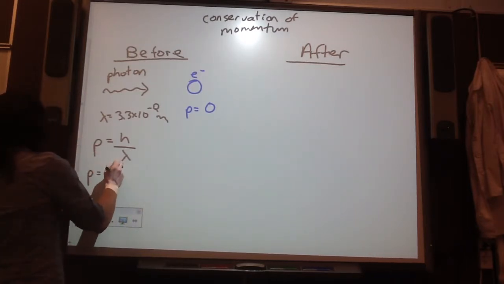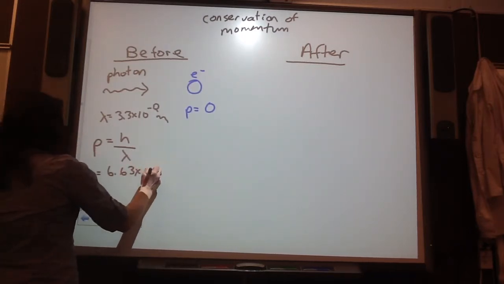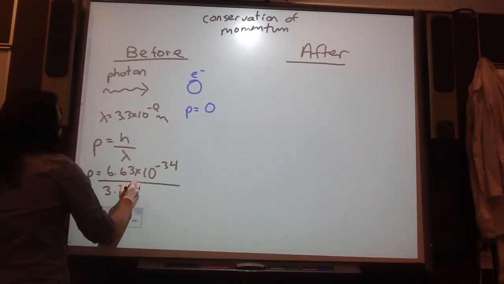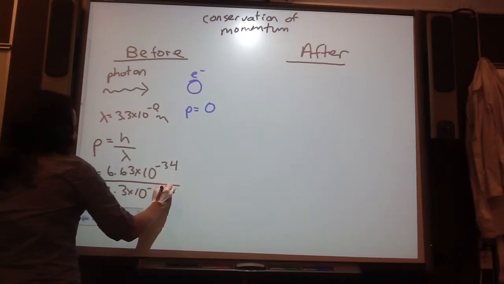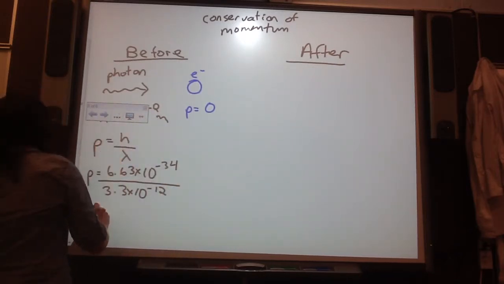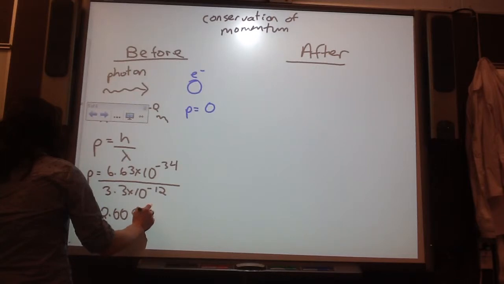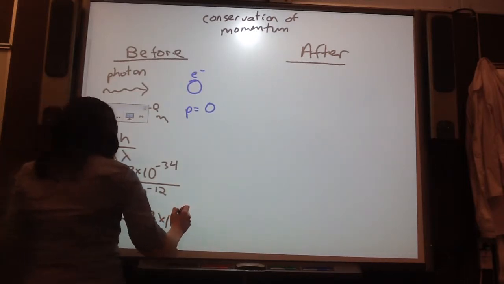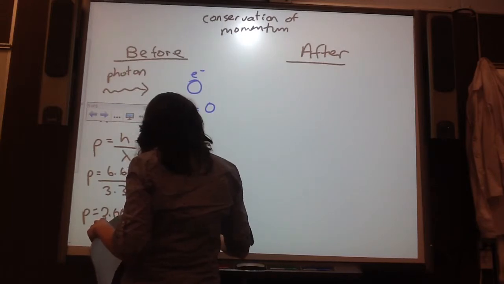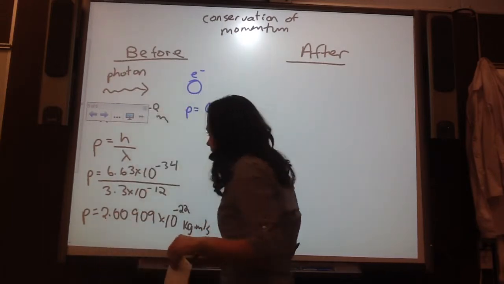So P is equal to 6.63 times 10 to the negative 34 divided by 3.3 times 10 to the negative 12. So your P of your incoming photon is 2.00909 times 10 to the negative 22 kilograms times meter per second.